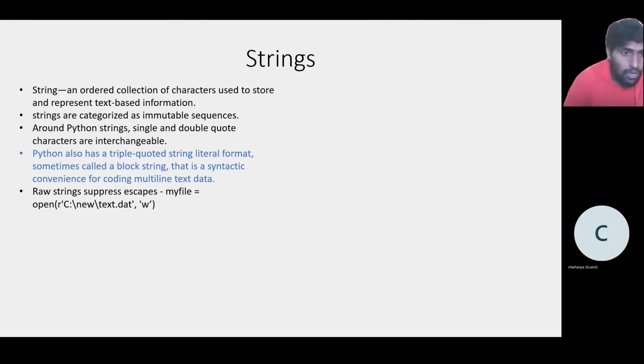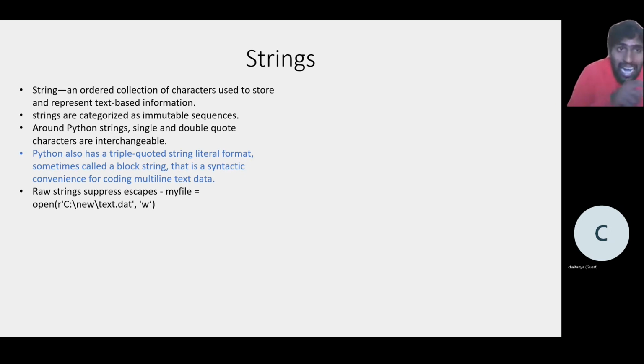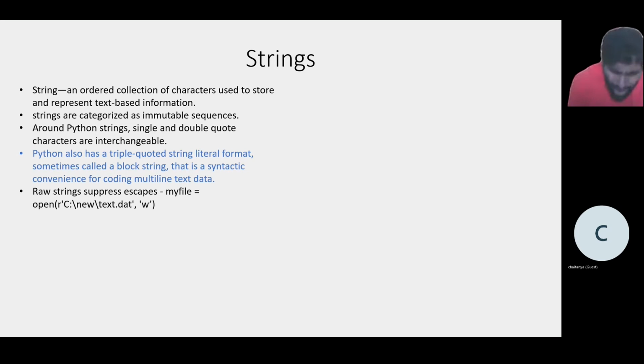Normally we write the expression for the string, single quote or double quote or triple quote, and put all the characters inside it. Now for a raw string, you have to use R before it and follow the same expression. Why is it special?